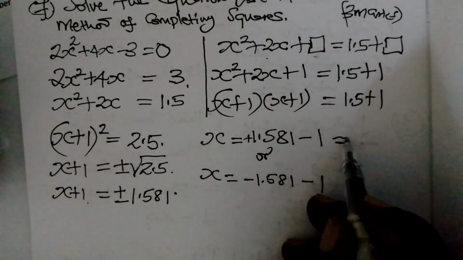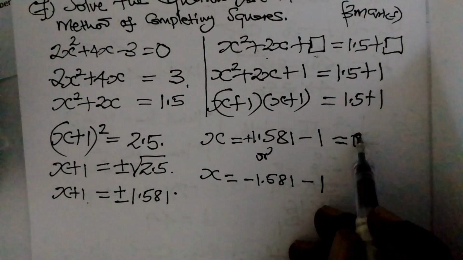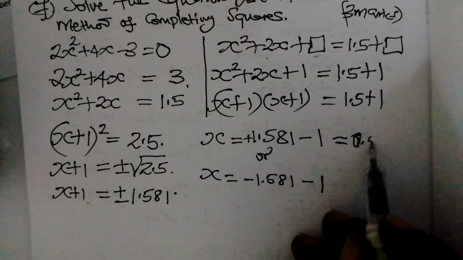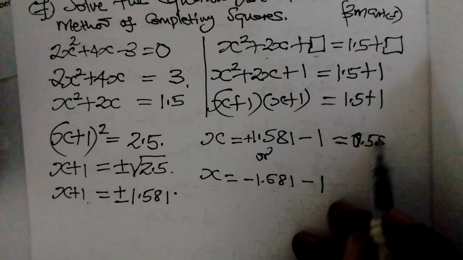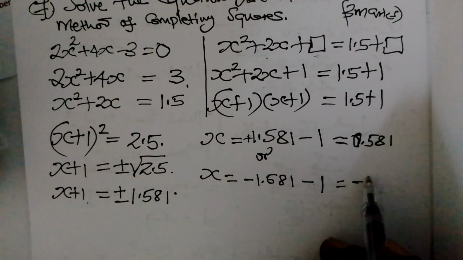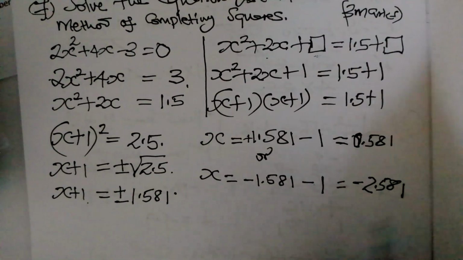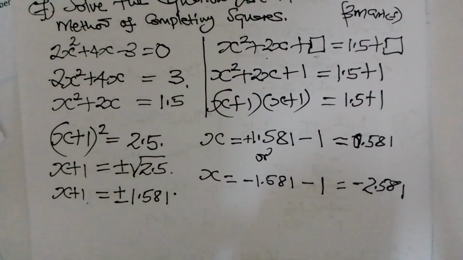So this gives you 0.581, and this other value will give you negative 2.581.